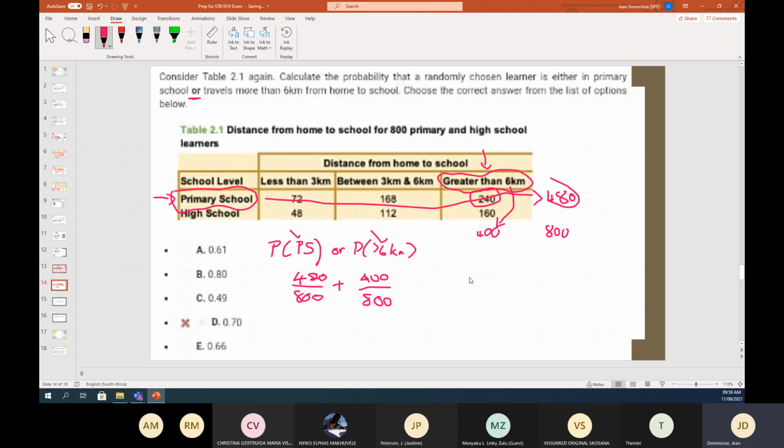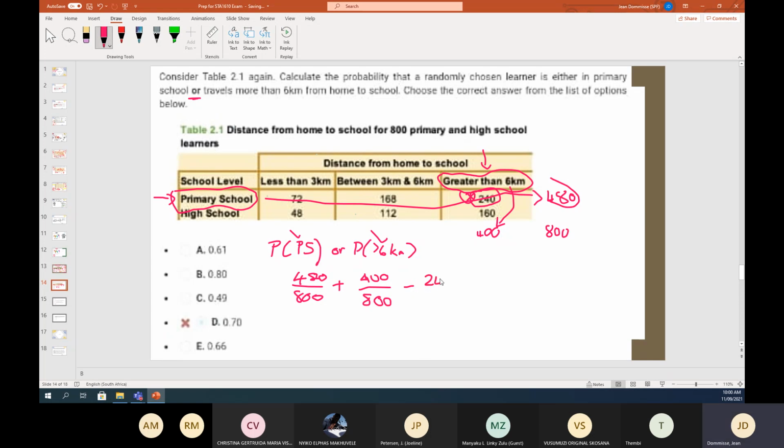Within the primary school and within greater than 6 kilometers, that value I am adding twice. I'm adding the 240 in there as well as in there. So basically in this calculation, I have doubled the 240, and that is wrong.